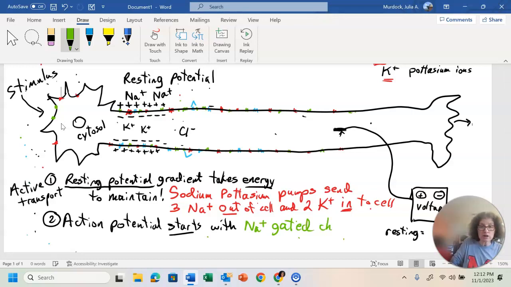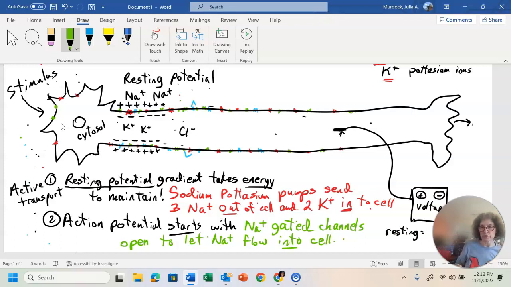Gated channels. They are not pumps. They are proteins that are just for sodium, and they open to let sodium flow into the cell. Into the cell.